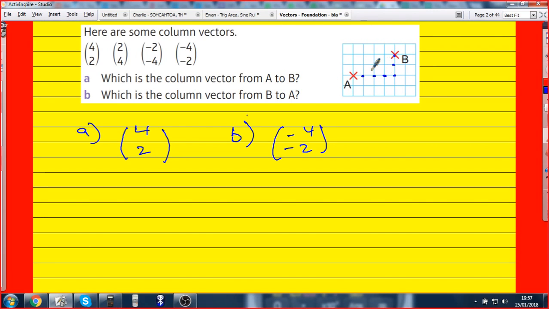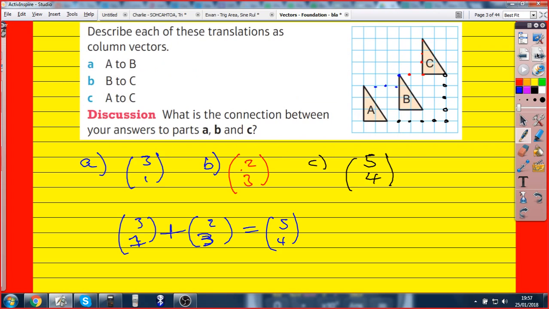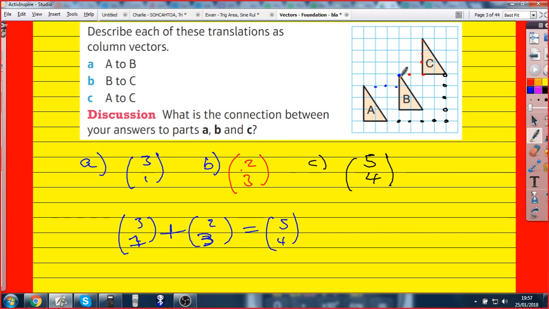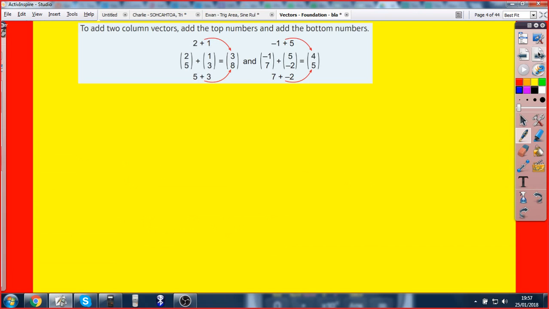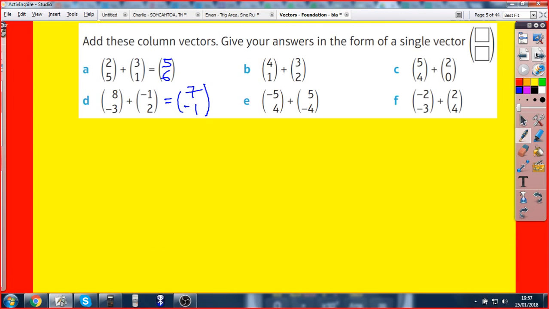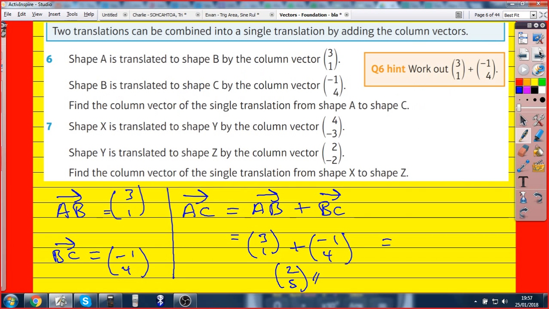Okay, so from A to B is 4 right, 2 up. And so working backwards is 4 left, 2 down. So they become minus. Here we saw A to B plus B to C is the same as A to C. So then we practiced adding them.